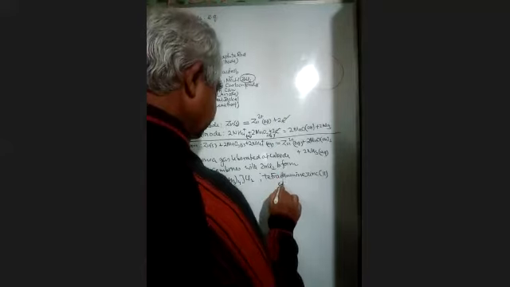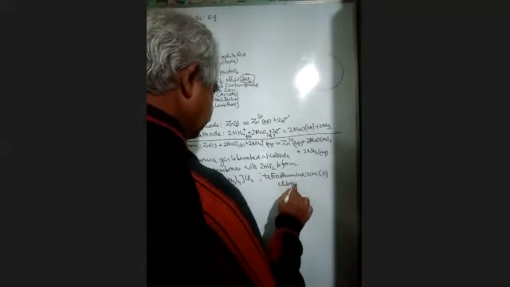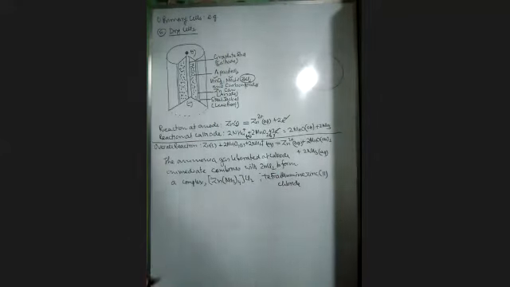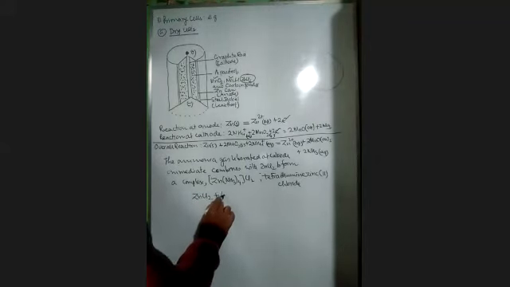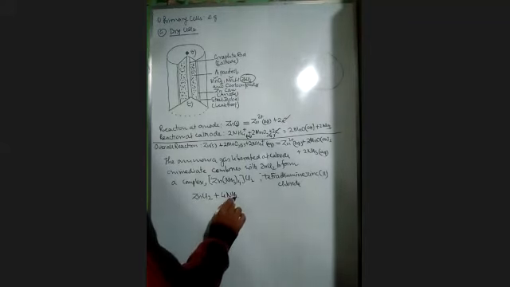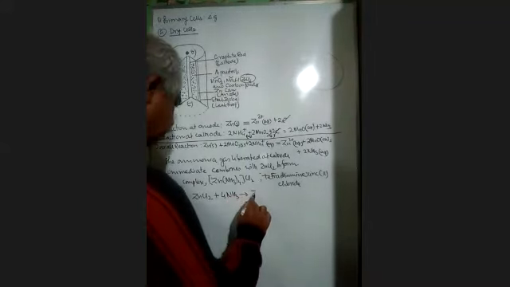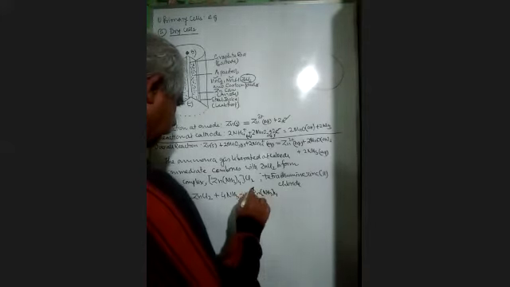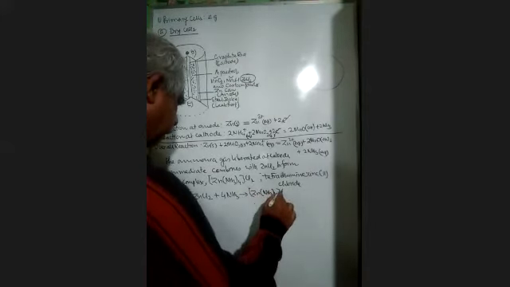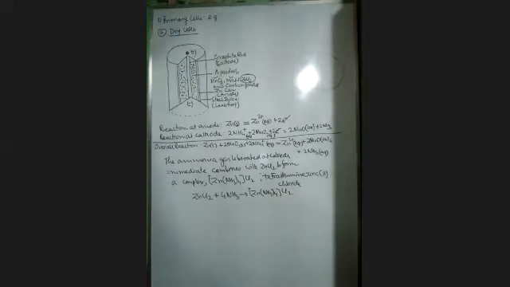And then you do not have any danger of explosion. Immediately ammonia will combine with this. So I'll show you now the chemical reaction. ZnCl2 4 NH3 will give you, so this is the one that you are going to get.